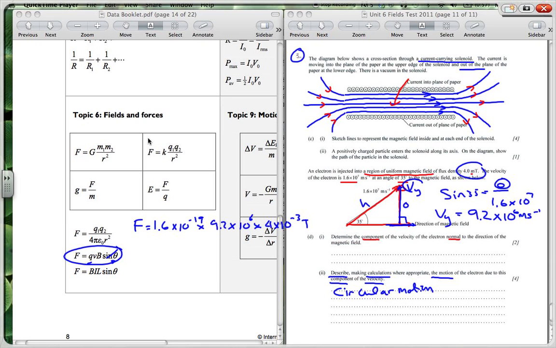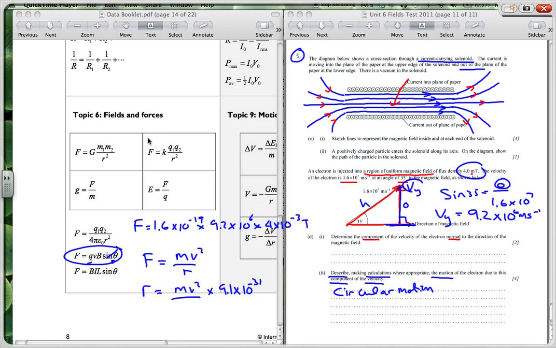Now, when we are looking at the radius for that circular motion, we can use our circular motion formula that force is equal to mv squared over r. So r is going to be mv squared over our force. This would be 9.1 times 10 to the negative 31 times our velocity squared. As we've worked out above, we can simplify this down.